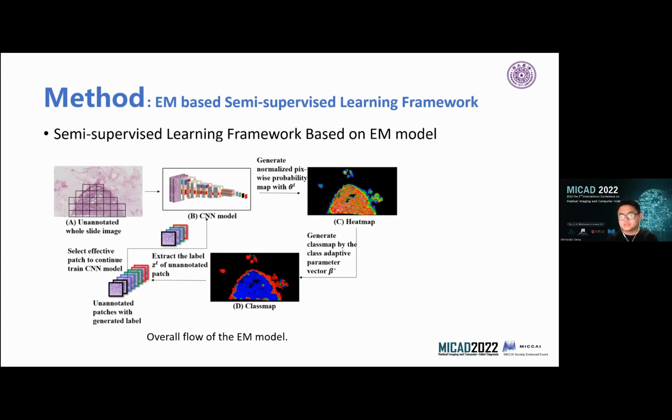Then we use the EM algorithm to alternate to generate a consistent heat map. Then the fixed factor beta star is applied on the heat map to generate a class map as shown here. And finally, the most representative and credible patch will be chosen by the collaborative filtering and then used to train the CNN in the next iteration.